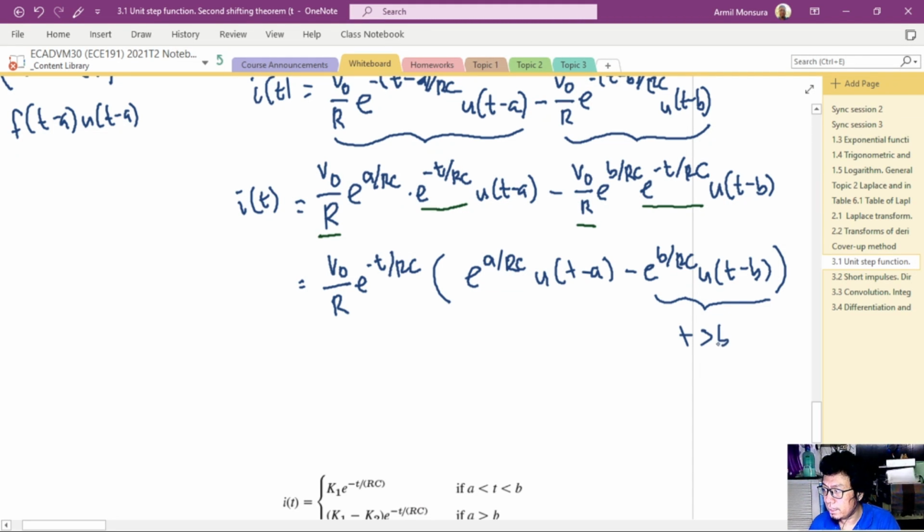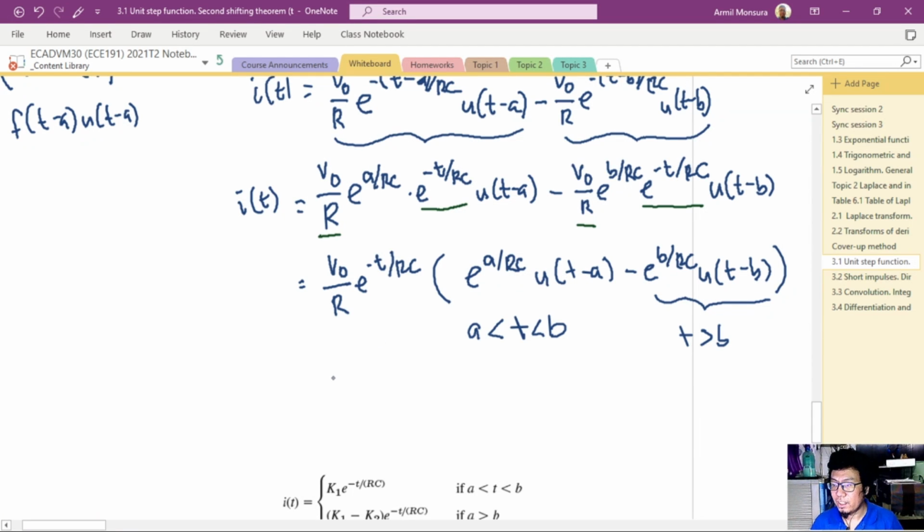These two would only subtract when t is greater than b. But when t is between a and b, this would only be the term that is prevalent.